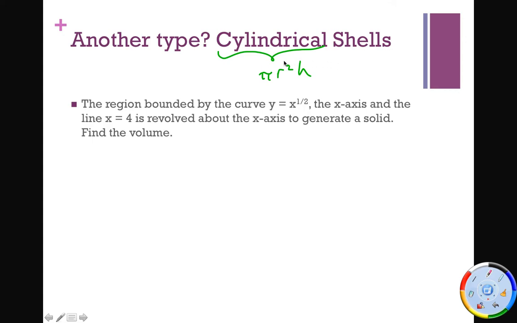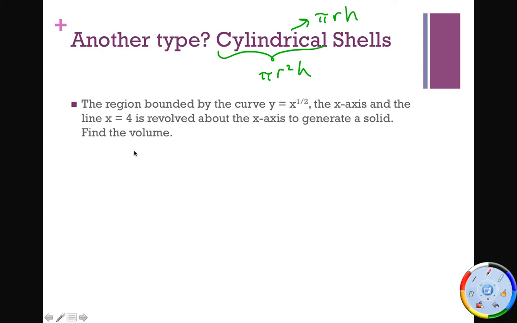But this works a little bit differently, because that would be just the volume of a cylinder, and we need to be able to integrate it. So we're actually looking at an area, and it's going to be a rectangular area. That's kind of weird. It's a rectangular area where it's actually pi times r times h. The height of my cylinder times the radius of my cylinder makes it a rectangle, and then that rectangle being rotated around actually creates a cylinder.